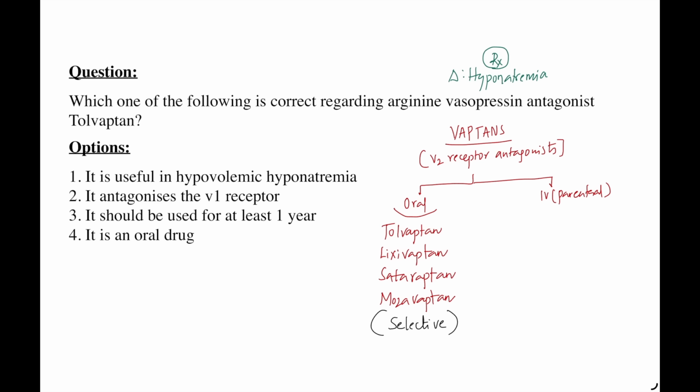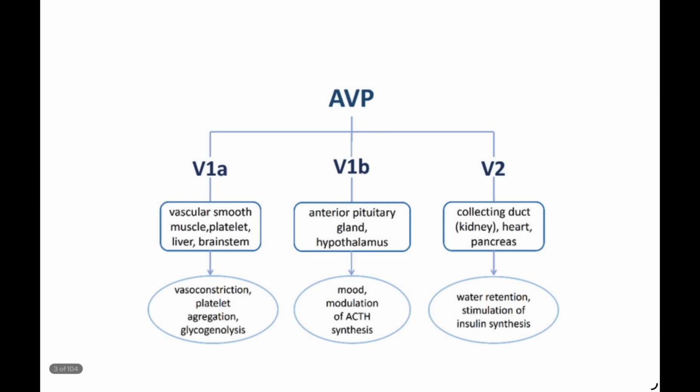Vaptans are V2 receptor antagonists. So what is this V2 receptor? Arginine vasopressin is synthesized by the posterior pituitary. The posterior pituitary synthesizes two hormones: oxytocin and vasopressin, otherwise known as arginine vasopressin, which is an antidiuretic hormone. It acts on two kinds of receptors, V1 and V2.